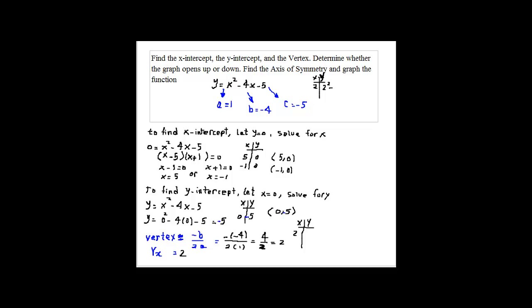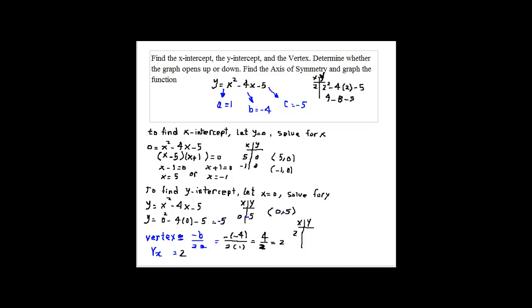So it would be 2 squared minus 4 times 2 minus 5, which is 4 minus 8 minus 5.